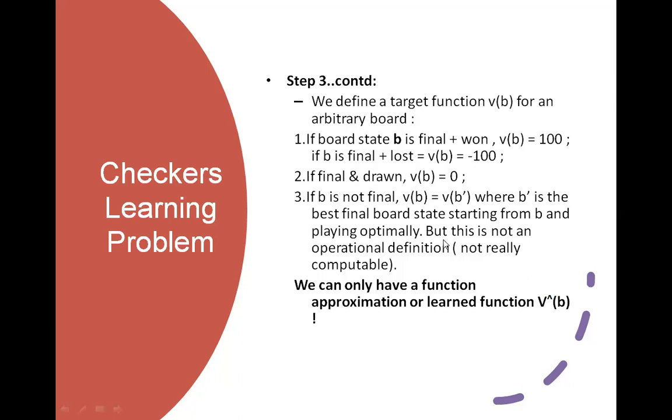Then if this is the target function, we have to represent it in some form. See, boards have pawns, and we are saying that we have to assign a value to the board state. So how do we assign the value to a particular board state?